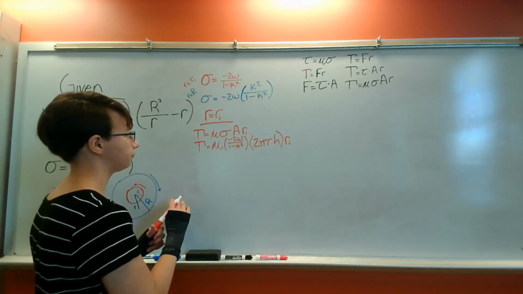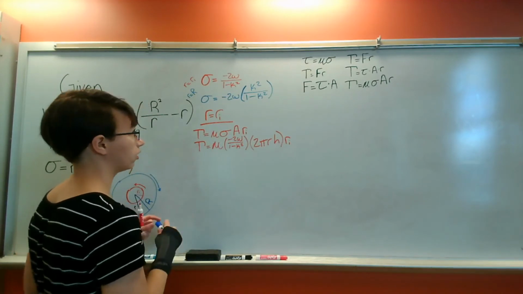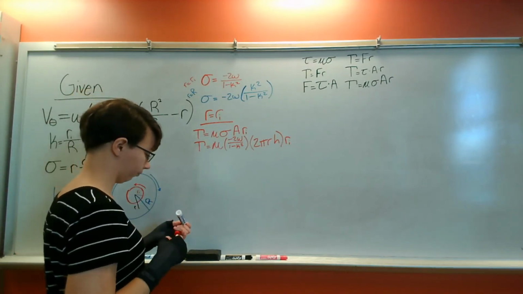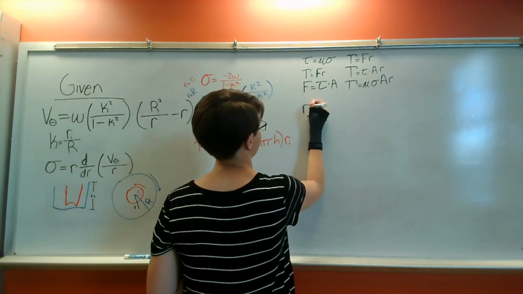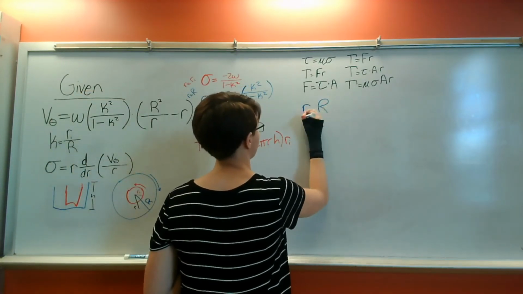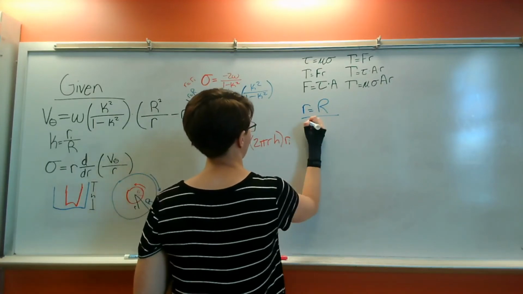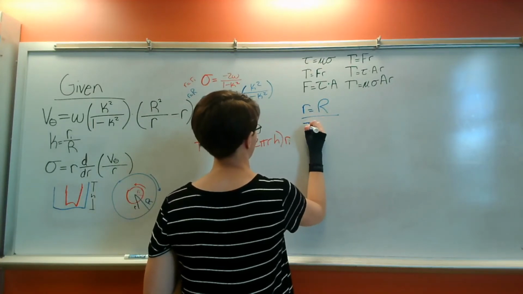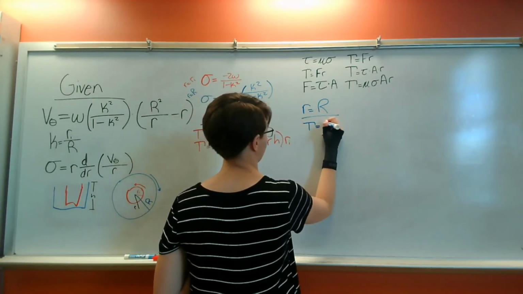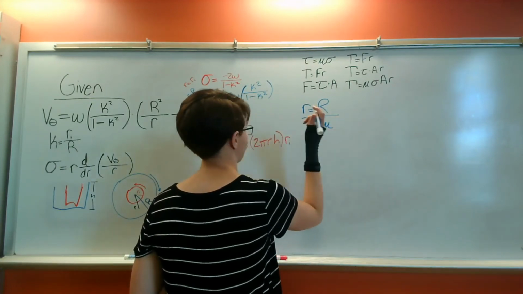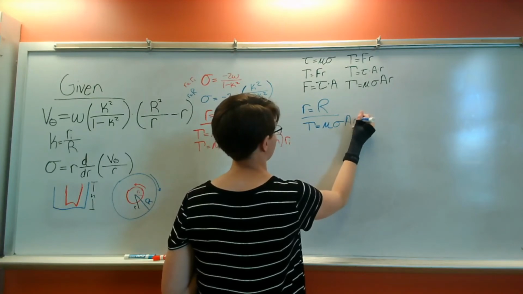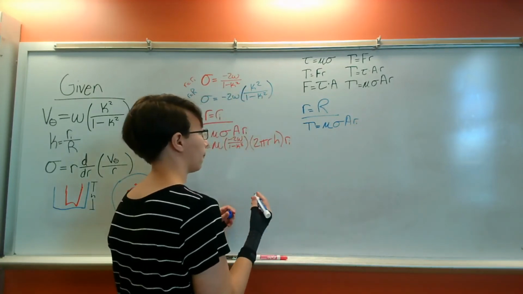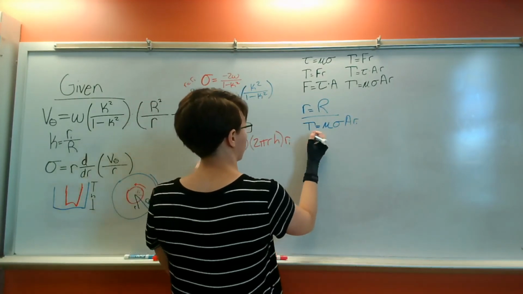Now we want to do the same thing for our other cylinder, where the radius is equal to the outer radius. Again, the torque is equal to the viscosity times the shear rate times the area times the radius.